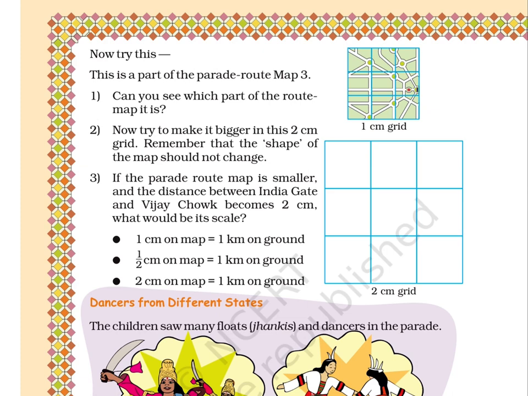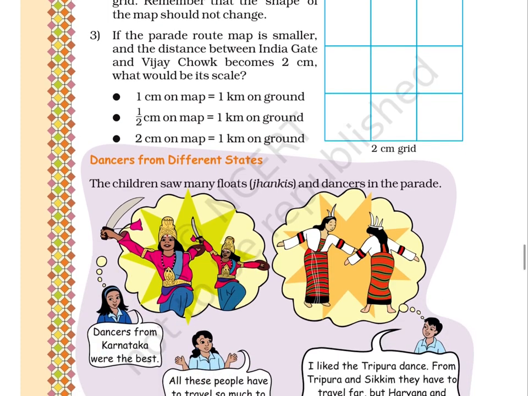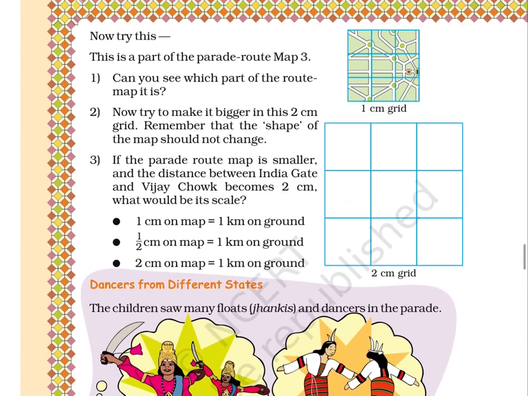Question. 1. Can you observe and tell which part of the route map it is? 2. Now try to make it bigger in this 2 centimeter grid. Remember that the shape of the map should not change. 3.